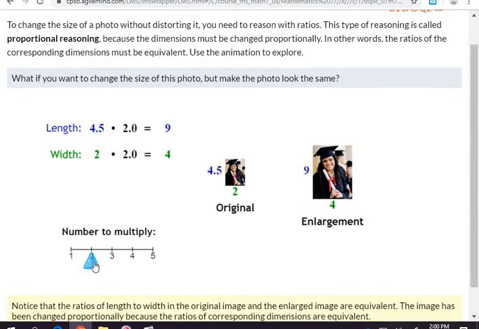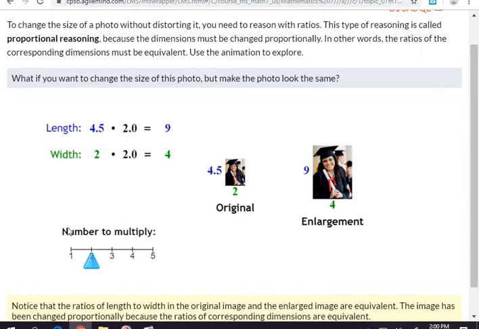It gets larger. How did it get larger with the length? You multiplied by 2. But if it multiplied the length by 2, what did it do to the width? Multiplied by 2 as well.